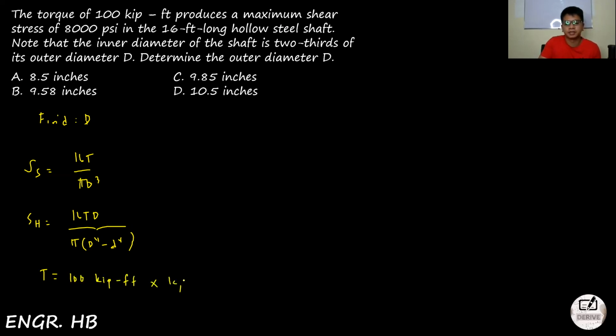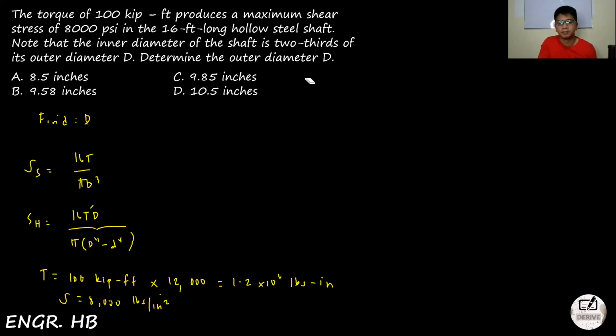We can multiply it by 12,000 in order to get the torque in inch-pounds, so this will become 1,200,000, or 1.2 times 10 to the 6 pound-inches, or 1.2 million pound-inches. So we have the torque and we have the stress of 8,000 psi, or pounds per square inch. But we don't have the small d, so that we can find the outer diameter D.